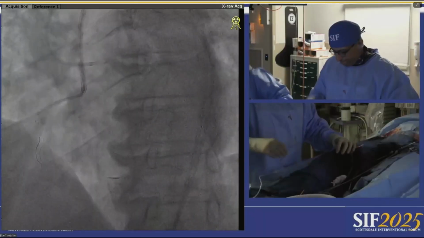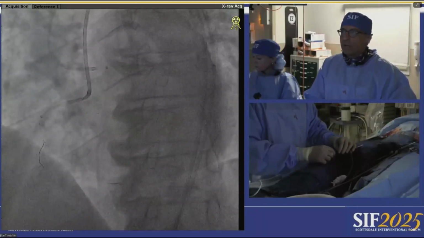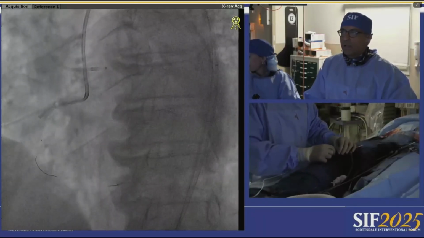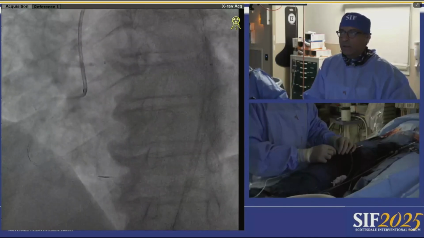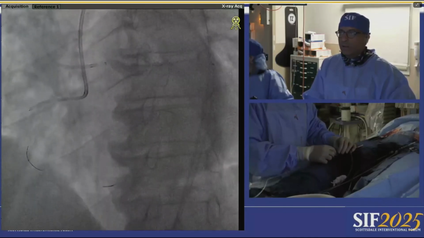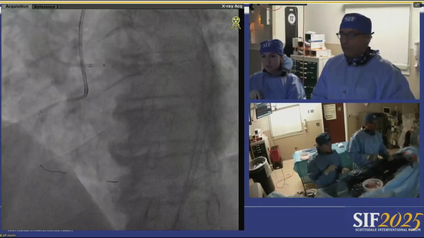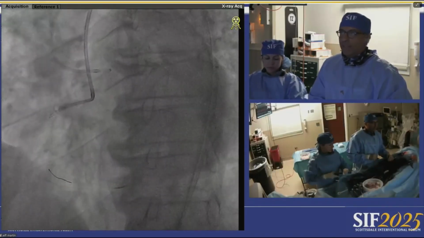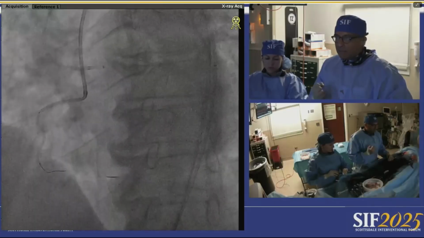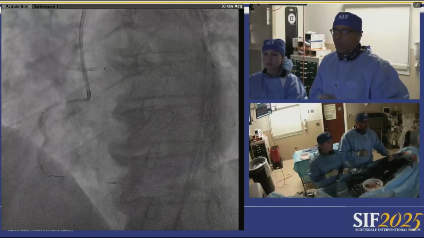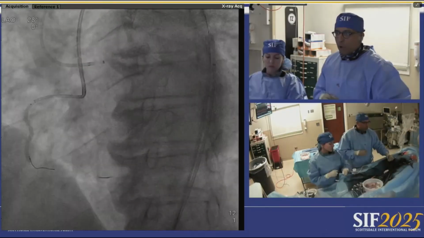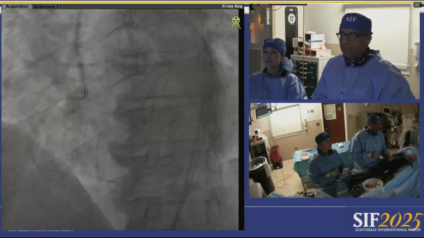So in this situation where you've got a retrograde microcatheter in, you've got an antegrade wire in, what's going to drive your decision to keep working antegrade versus keep working retrograde at this point? Efficiency, as I learned from you. I'm not going to get locked into one mode and just get dogmatic.